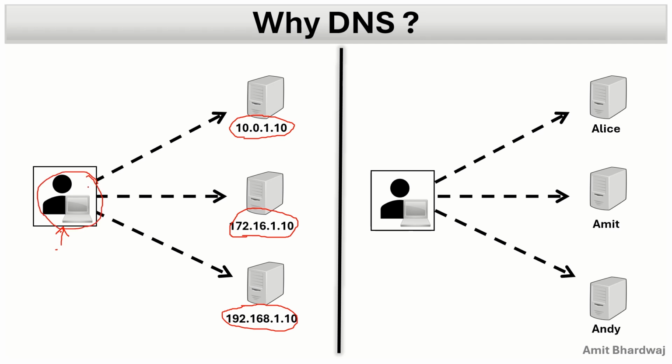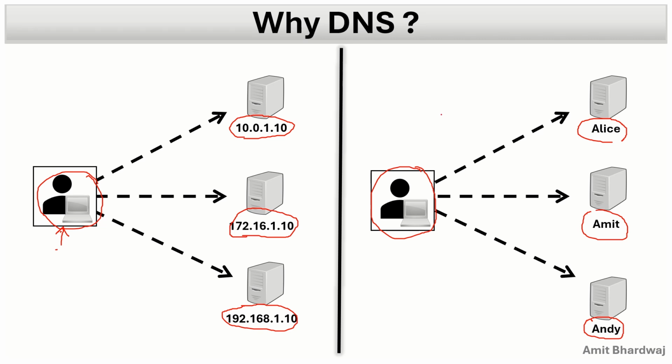user. And that is where scenario 2 comes into picture, wherein the user, instead of remembering the IP address of these servers, just remembers the names, that is Alice, Amit, and Andy. And how is that possible? Because internet works on IP addresses and not usernames.